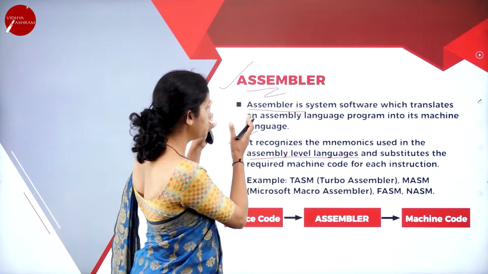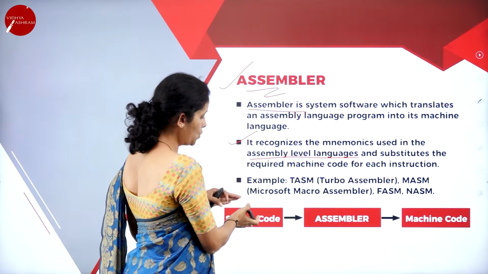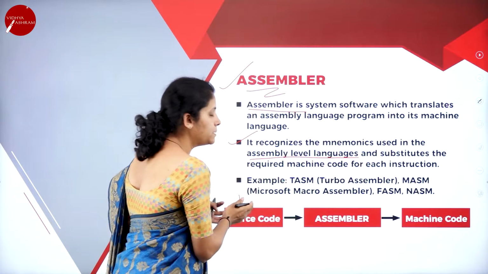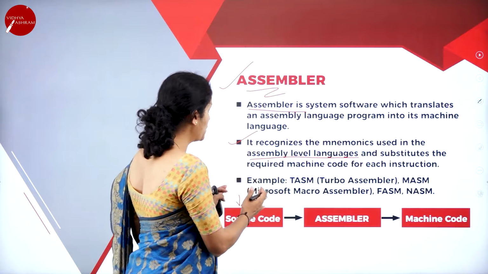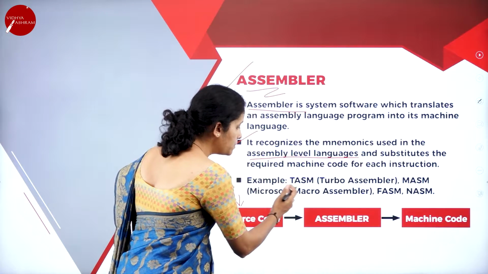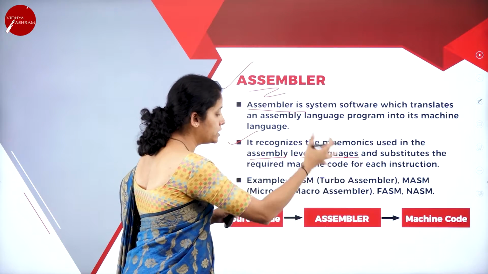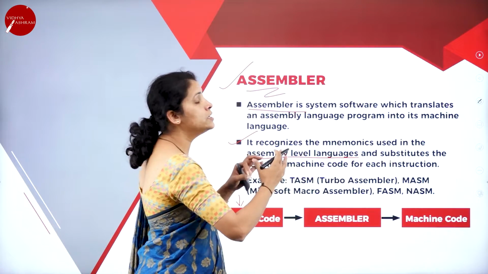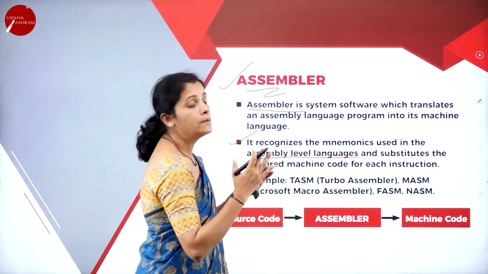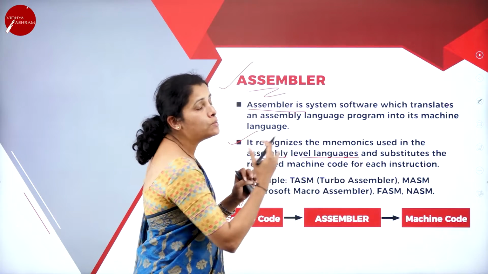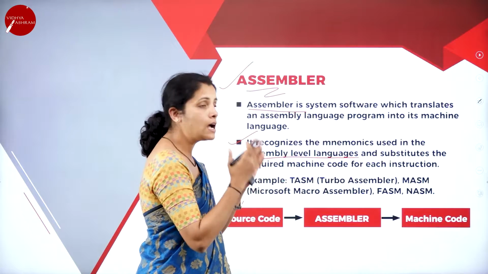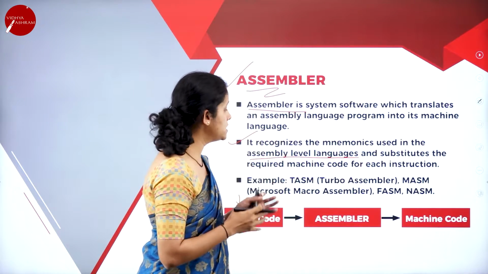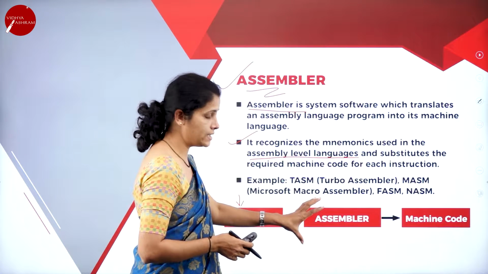So what is assembler? We are going to have the source code. So what's the example for source code here? That is nothing but an assembly level language program. That is the input to the assembler. What is the job of the assembler? Here the job of the assembler is to substitute assembly level language with machine instructions, or translate assembly level language into machine instructions. That is the job of the translator.